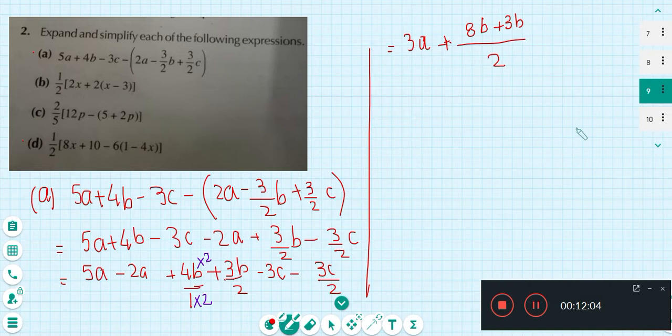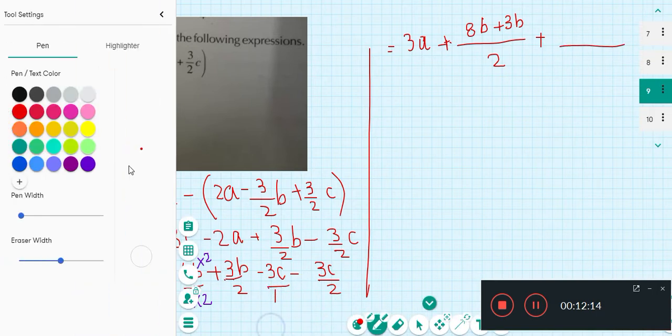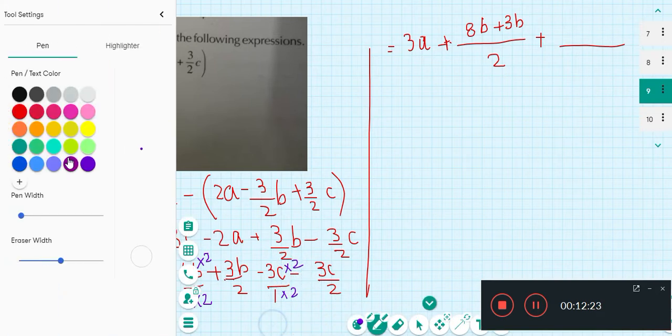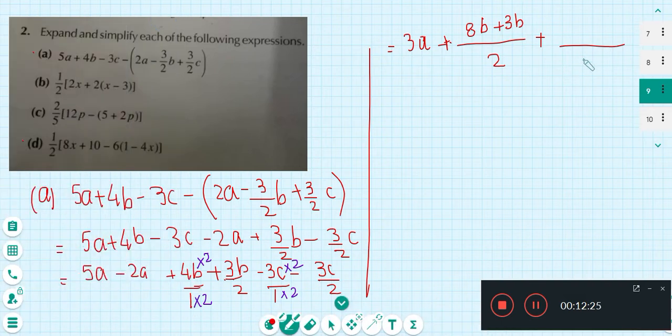Similarly the next one, I am just writing the positive sign before it. So the LCM of 1 and 2 is 2. So 3c into 2 gives you minus 6c and minus 3c.